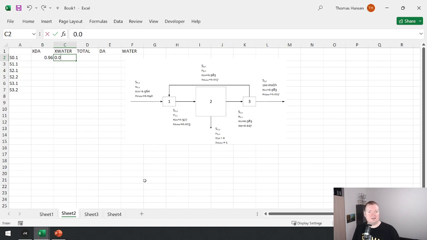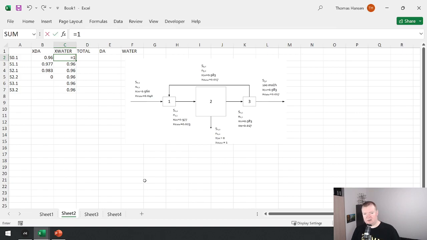96% dry air. Actually, because I only have two components, I can just do this all over the place. 96%, 97.7. Then I have my stream 2.1, 983. Stream 2.2 only contains water.